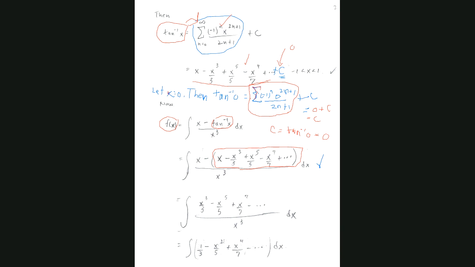What nice thing happens in the numerator? Something kind of nice happens. Is there any cancellation?